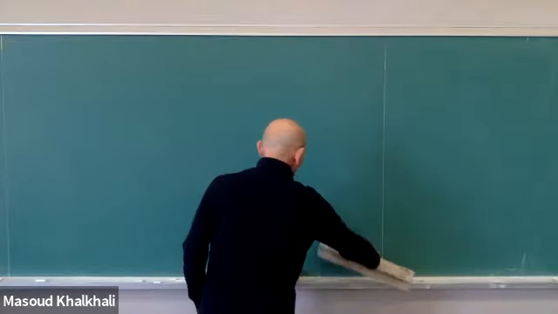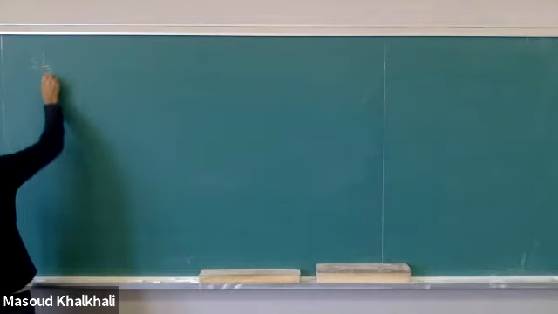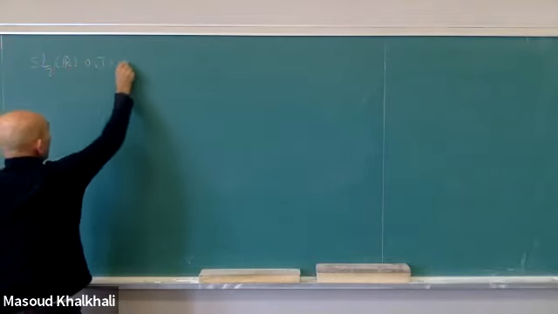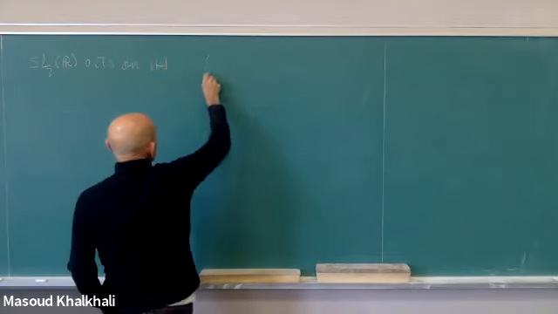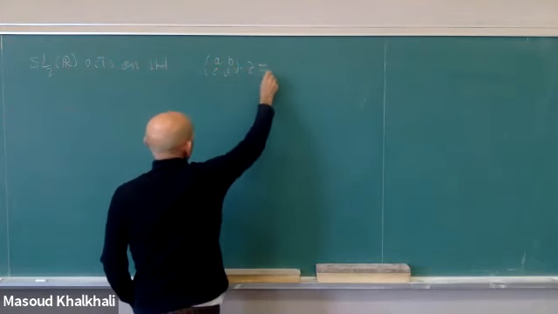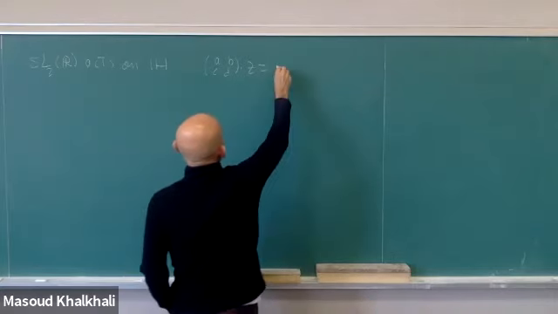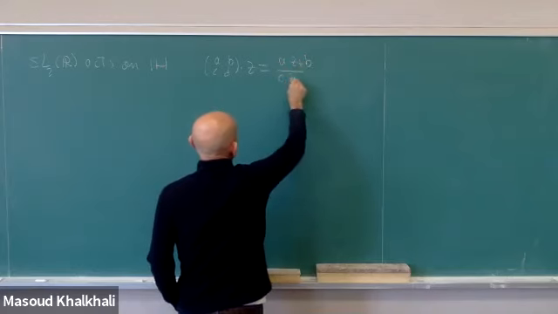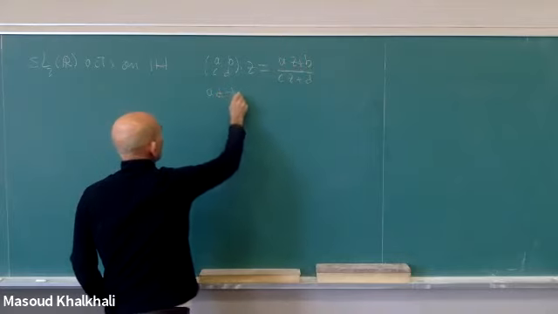So there is this group SL2R. It acts on H, as usual: the matrix (A, B; C, D) sends z to (Az + B)/(Cz + D), where AD minus BC is equal to 1.